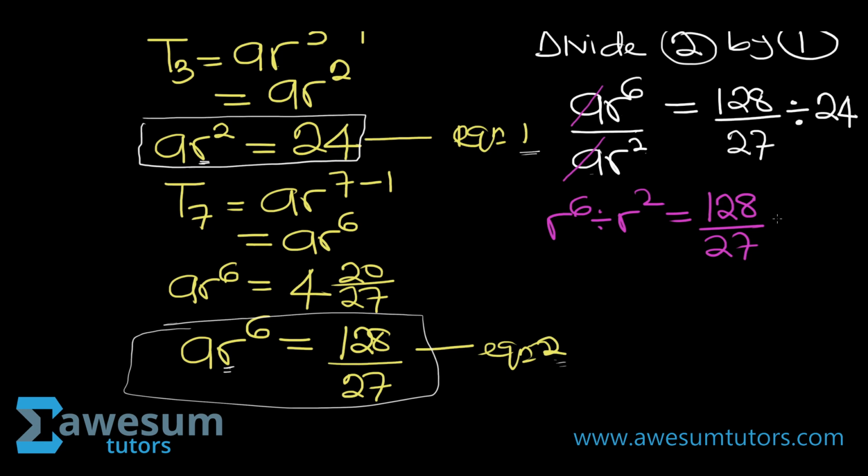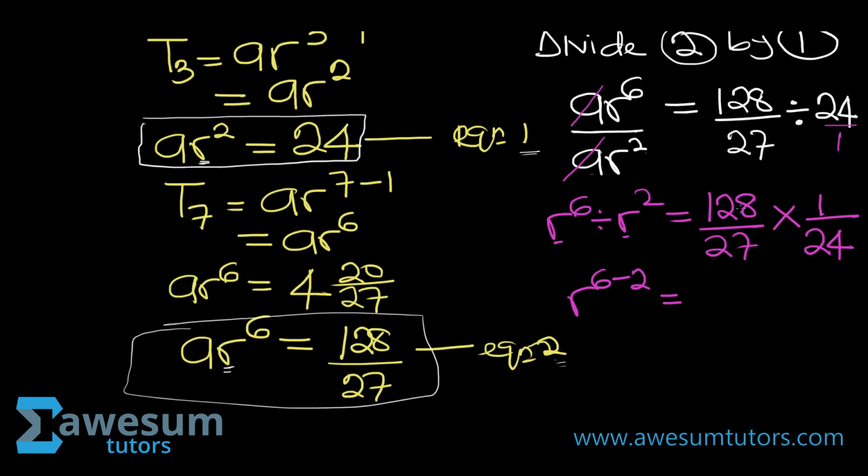Over 27, I can change this division to times, and then I flip this one. 24 means 24 over 1, so if I flip it, it becomes 1 over 24. Now if you remember your second law of indices, the division law, these have the same base and this is division, so it becomes 6 minus 2.